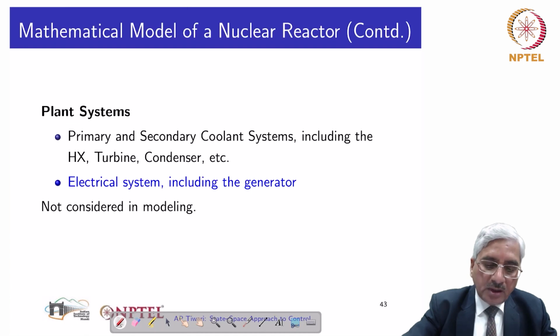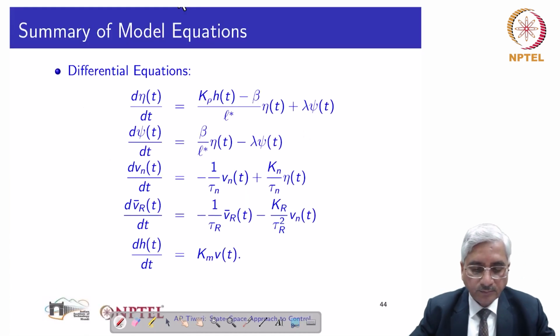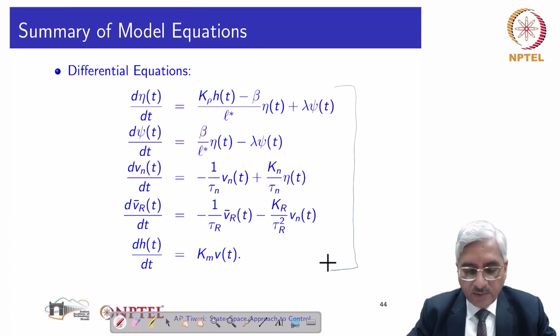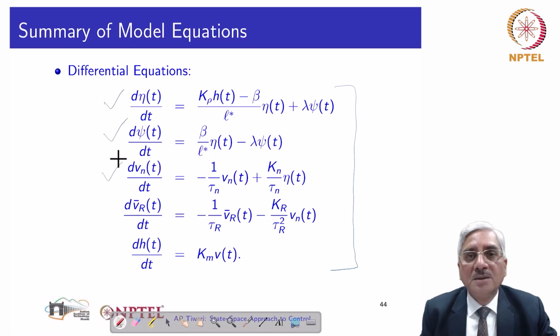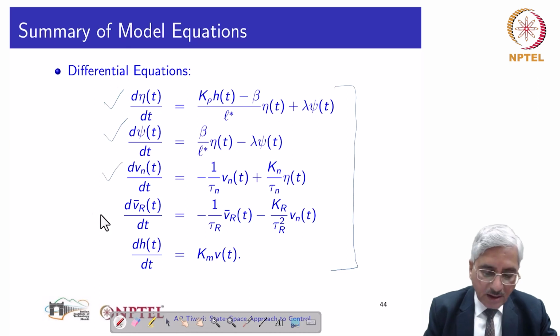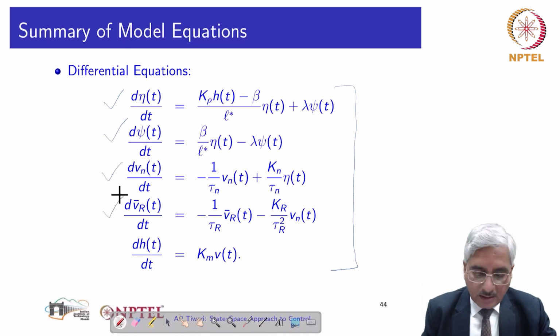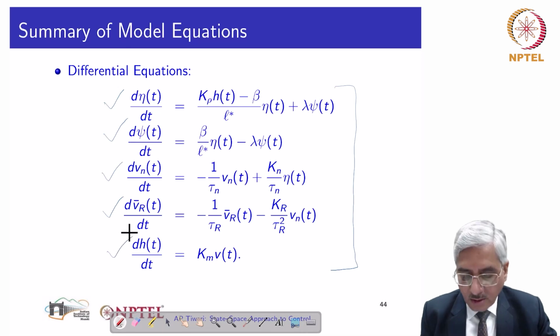Now with all this, we have the model equations at hand. This is the rate of change of neutron density, rate of change of delayed neutron precursor concentration, rate of change of that linear voltage, rate of change of that differentiator output, and the rate of change of control rod position. These are the 5 equations we have.